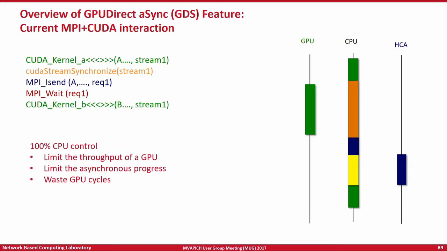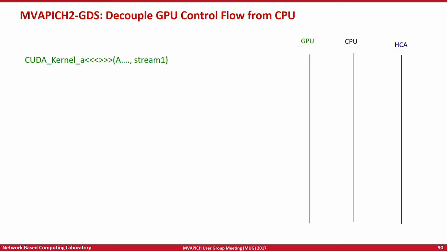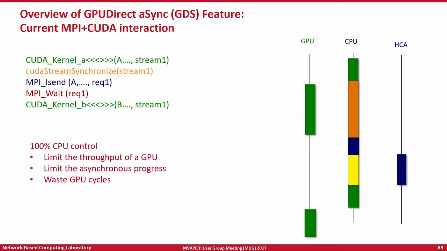So the GPU will do the computation operation, then trigger the send operation from the GPU itself. The CPU can then just wait for a small period of time for an acknowledgement and go on to do other useful things while the GPU waits for the communication to finish.